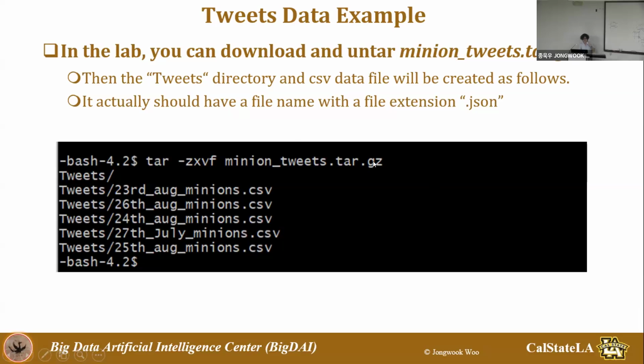Once you download this tar.gz file using the shell command, you can extract the folder name and the files that exist under this directory. Okay, so you can see 5 files.